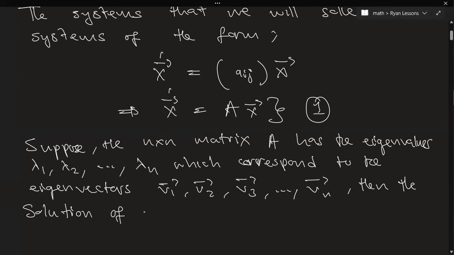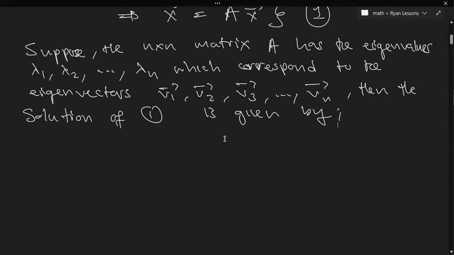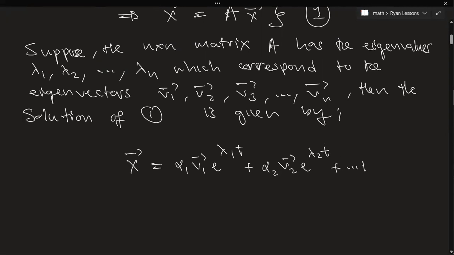Then the solution of 1 is given by x equals alpha 1 v1 e to the lambda 1 t plus alpha 2 v2 e to the lambda 2 t plus ... plus alpha n vn e to the lambda n t, like that, you see.